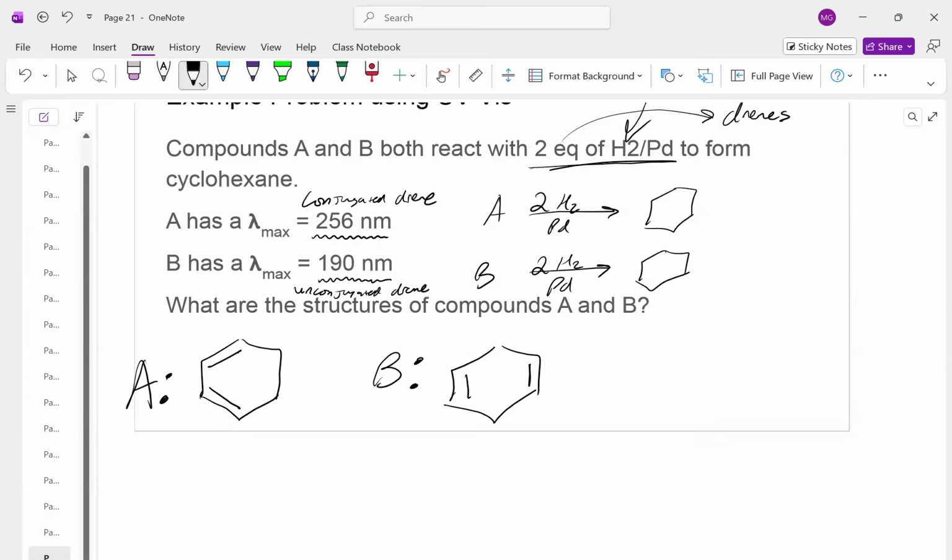I can't make an accumulated diene in a ring because there's way too much strain. So please don't put an answer like this because that doesn't exist. That's an sp hybridized carbon, which wants a 180 degree bond angle. So you can't use an accumulated diene here. It has to be isolated.